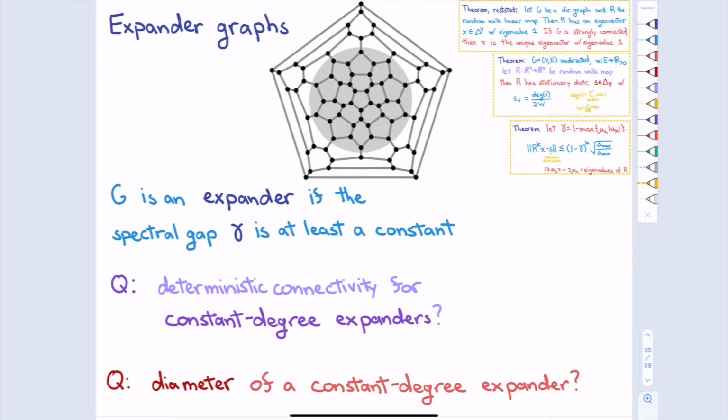Okay, why? Well, let's try to work with just the definition I have, which is in terms of random walks. So here all I have is that the spectral gap is gamma.